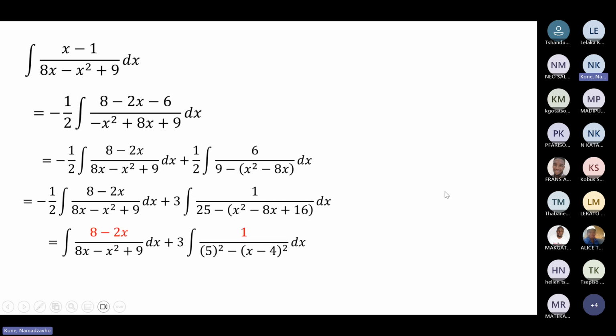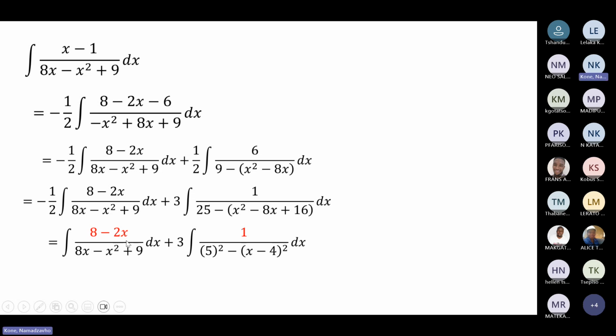Now, in my next step, this is where there's a mess up here, because this minus half is not there anymore. So what was in my head when I was doing this next step was what I did here with the half and the 6, and I got a 3. So I don't know what I did with this minus half because it was supposed to still be there.